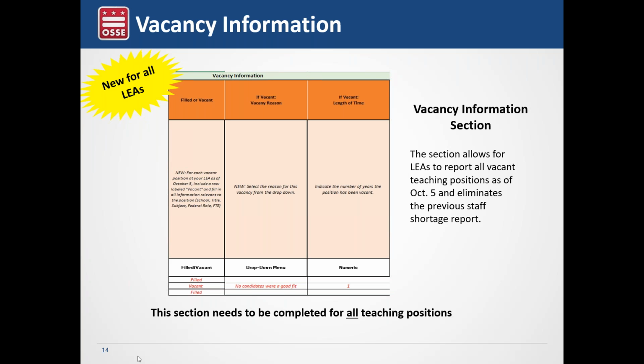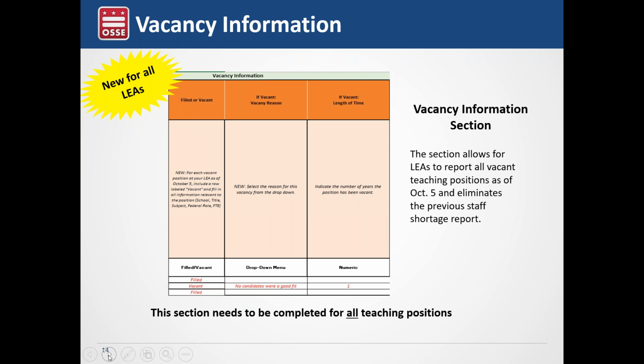And in the next box, if it's vacant, you'll tell us what the reason is. There are some drop downs there. Please choose the most appropriate one. And if this is a position that's been vacant for a couple of years, maybe you're really struggling to find a physics teacher or a calculus teacher, whatever the case may be, tell us how many years that position has been vacant. Those second two columns only need to be filled if the position is vacant.